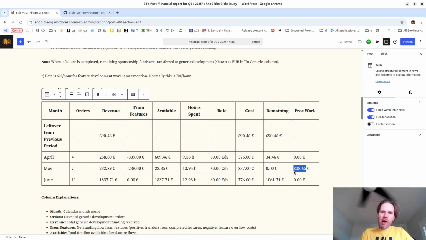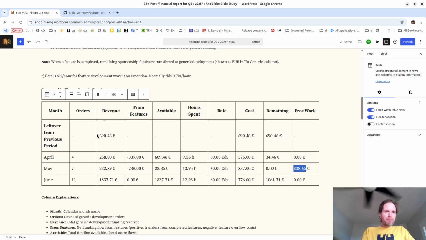If this is calculated per month, and if the funding is not enough in 1 month, and I am still working for some reason, I have motivation, I have time, and I want to work even though there is no money funding, then this becomes free work, and this will not move anywhere. It will be staying here forever. I have been working this amount.